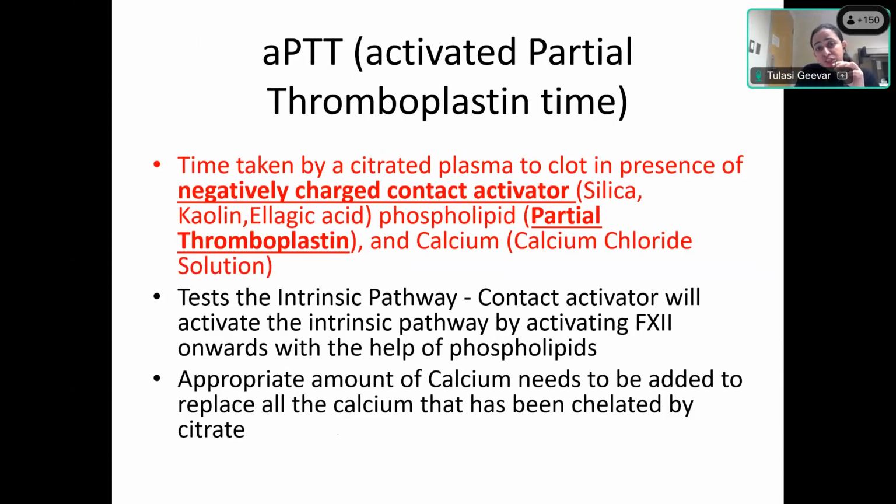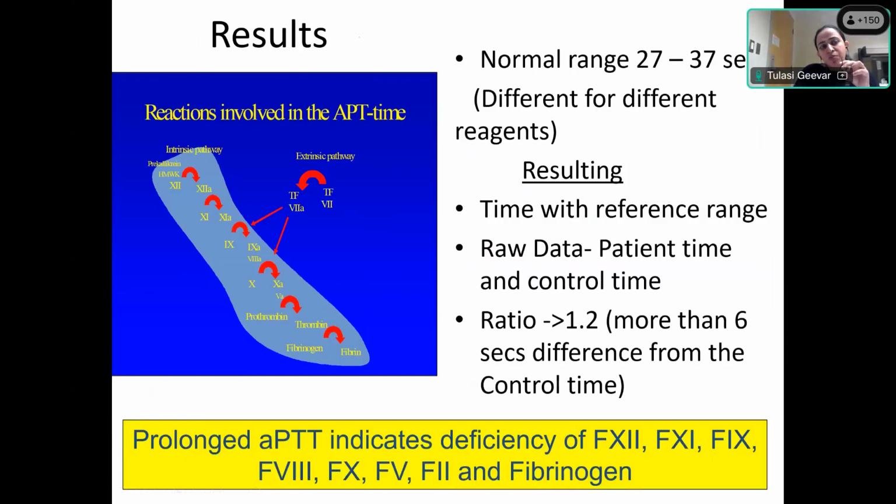It's called partial thromboplastin because it does not have tissue factor. The tissue factor is removed from the thromboplastin. That's why it's called partial thromboplastin. So it tests for the intrinsic pathway. All the components of the intrinsic pathway are tested by APTT.